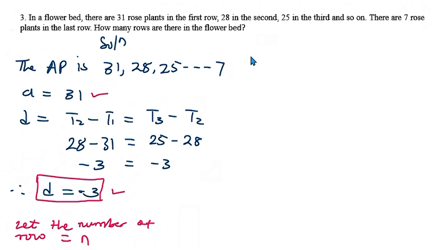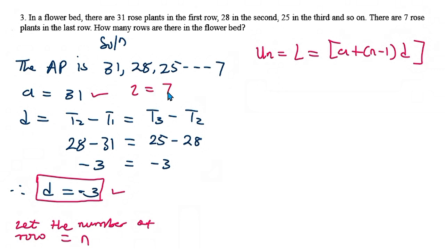So let's let n be equal to the number of rows. Now we know that Un is also equal to the last term, equal to the expression a plus n minus 1 times the common difference, right? So it means that the last term has been given, right? So the last term is given to be 7.